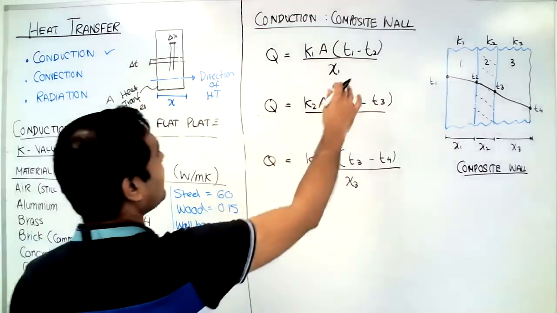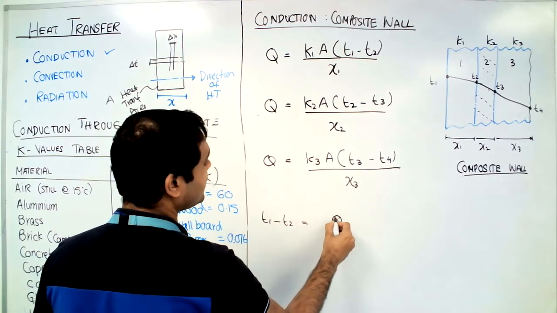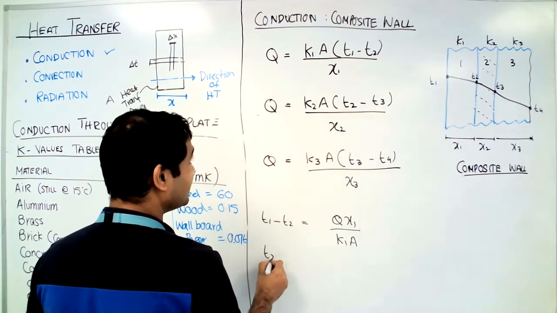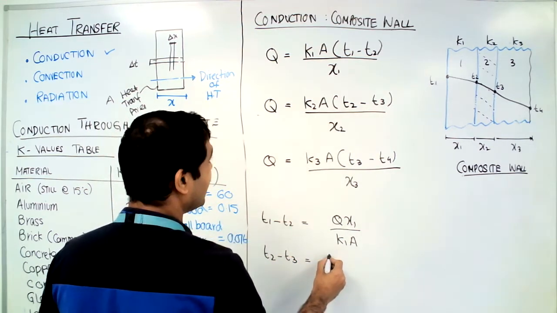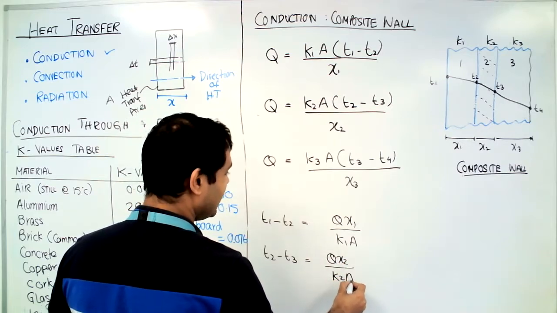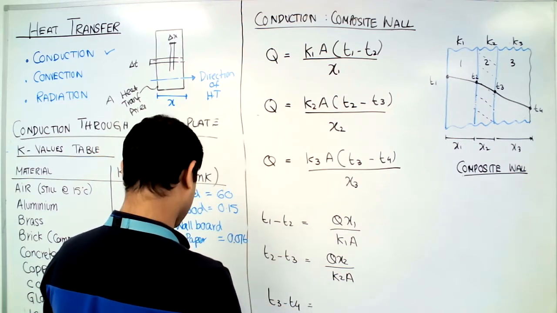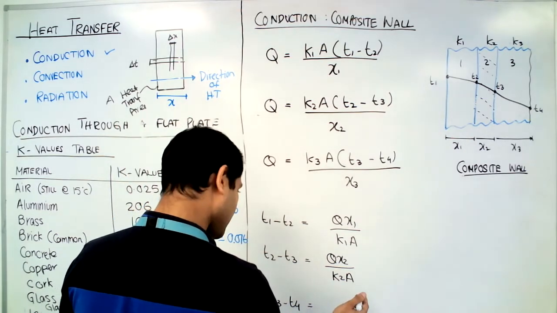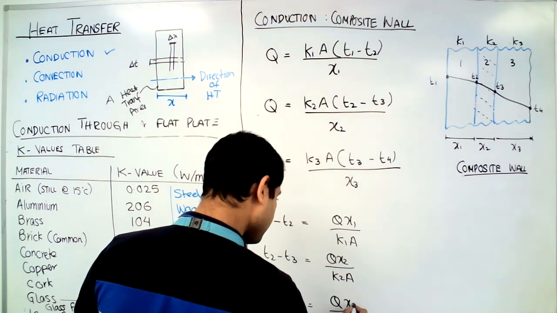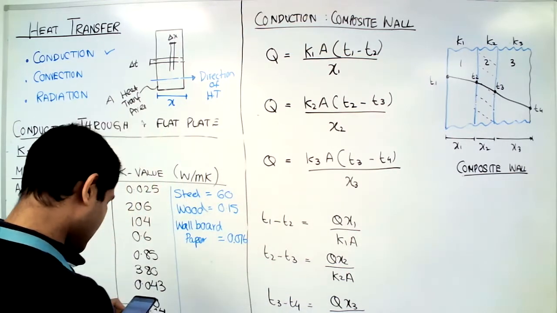If I take that equation and want T1 minus T2 as the subject, that will be Q x1 over K1 A. For T2 minus T3, that's going to be Q x2 over K2 A. Now, T3 minus T4 is the same thing. Okay, so we just got that bit.